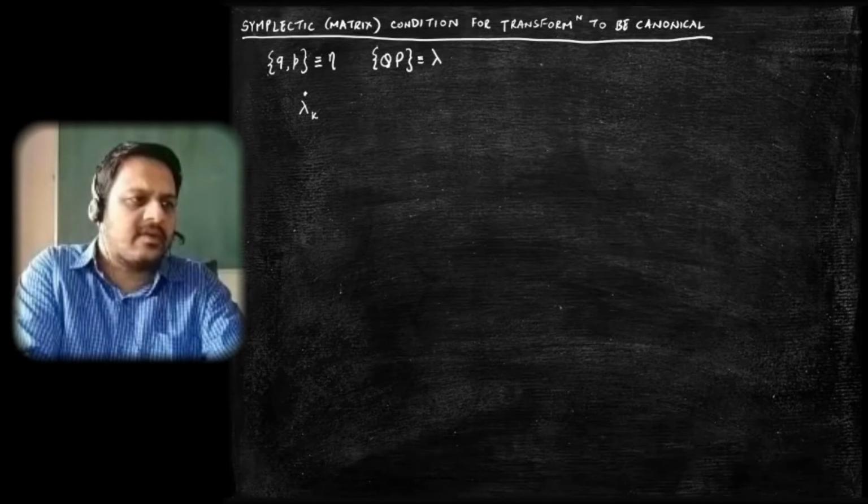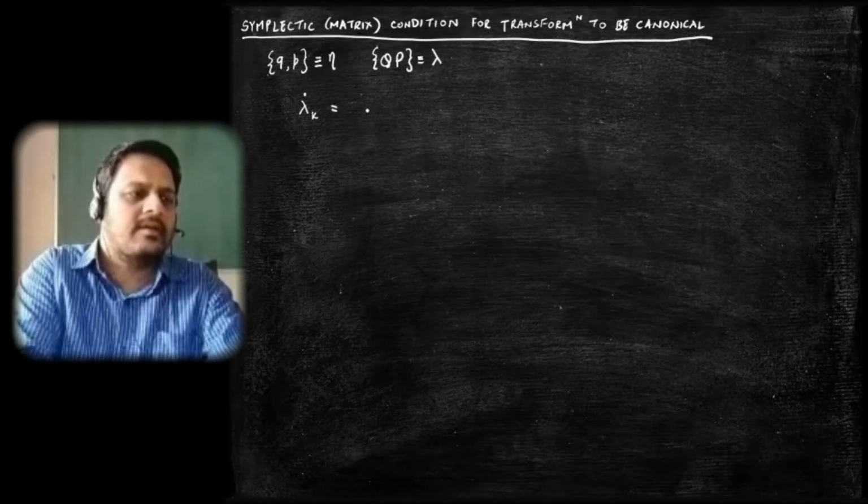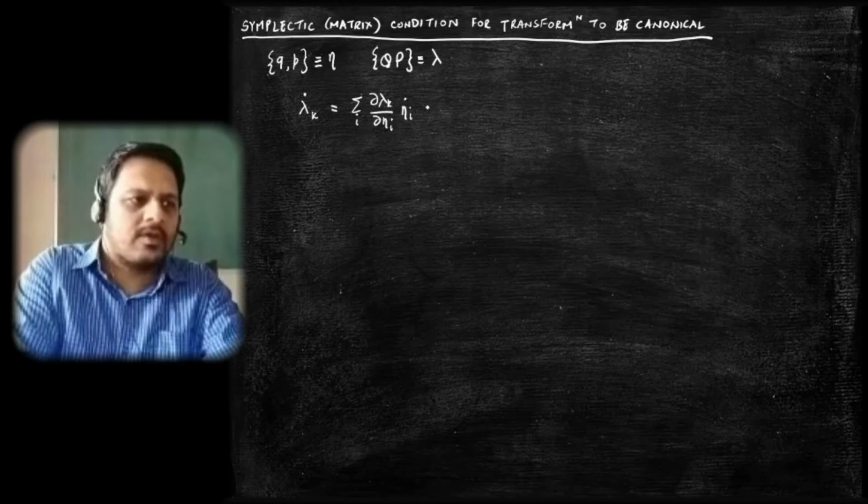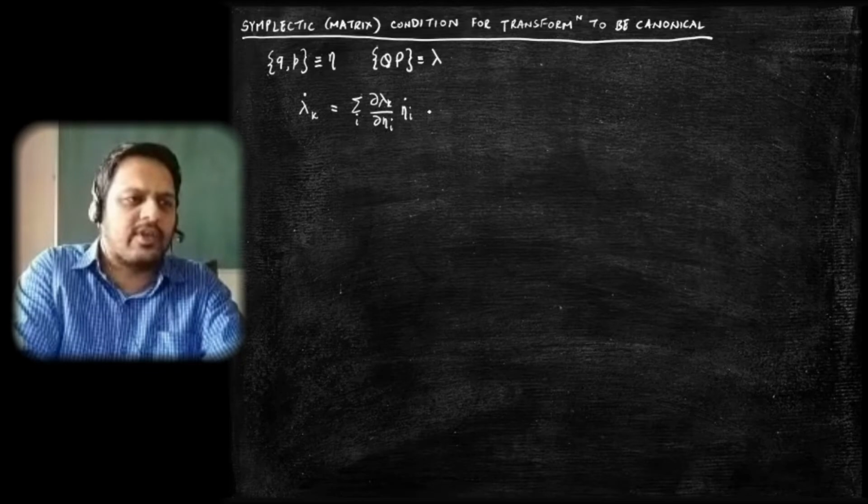If I have lambda k, then the time derivative of lambda k will be summation over i of del lambda k by del eta i times eta i dot. Basically, this is a single equation which gives you the following information.